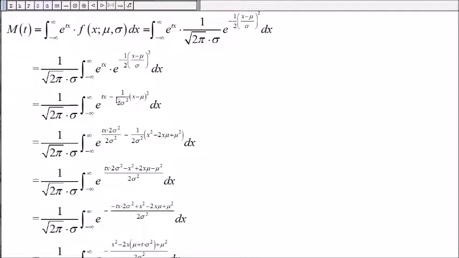And now let's get the common denominator here. So we have the expression t x minus this. The common denominator is 2 sigma squared. So multiply t x by 2 sigma squared over 2 sigma squared.